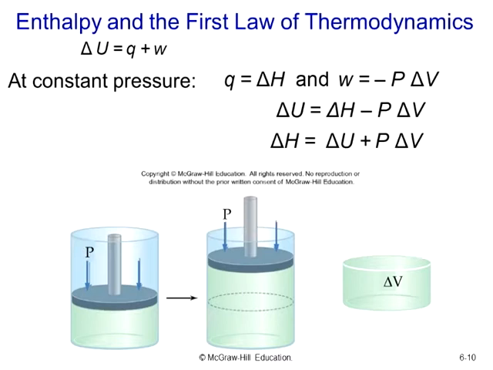So at constant pressure, heat equals the change in the enthalpy. And we know that work equals minus P delta V. So we can work through these equations to discover that our change in enthalpy is related to the change in the internal energy plus pressure times the change in the volume.